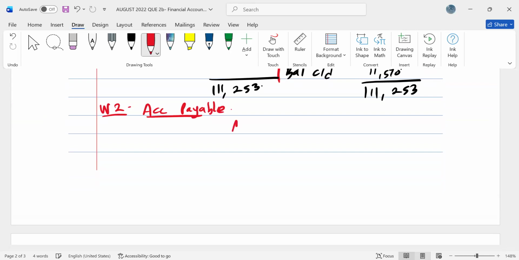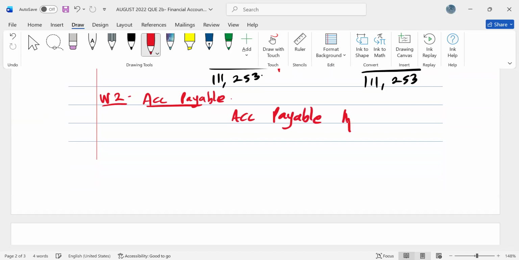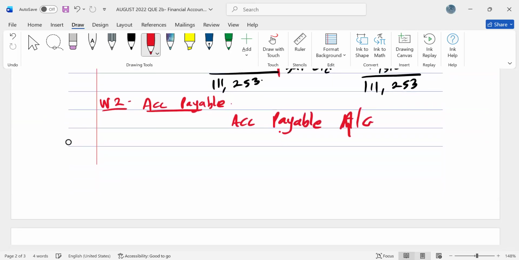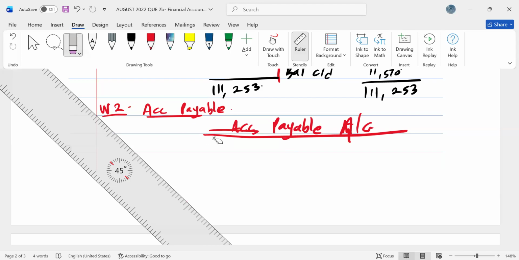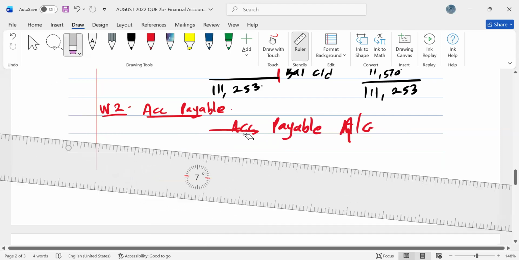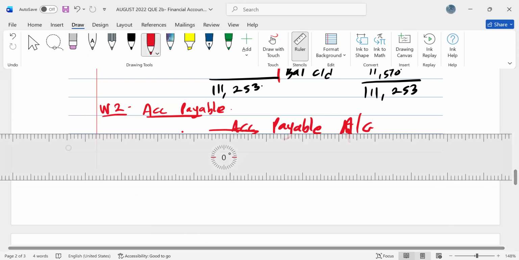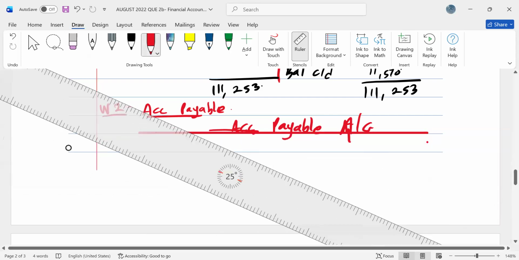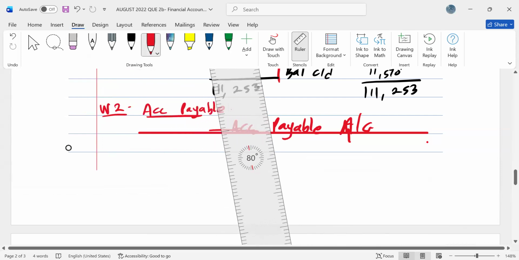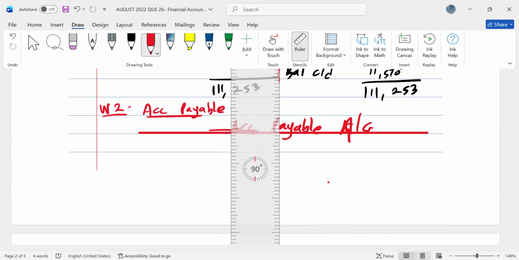I write here payable account, and then I come up with a T account. This is our T account.